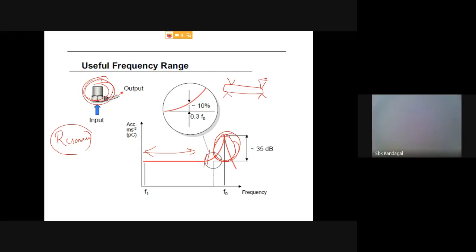By chance, if the frequency of the structure is around 20 kilohertz, and this is also 20 kilohertz, the moment you go to 20 kilohertz, you will get a large amplitude from the accelerometer output. But you may get confused, thinking the structure is vibrating at 20 kilohertz. No, it is not that. The accelerometer itself has its own resonance, so you will get completely confused.